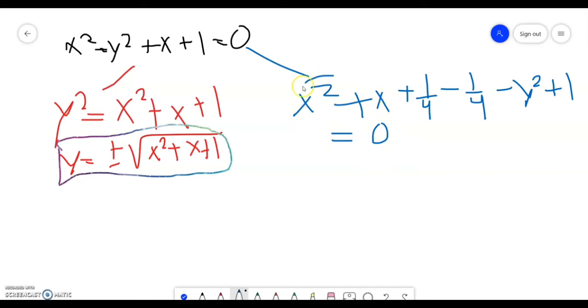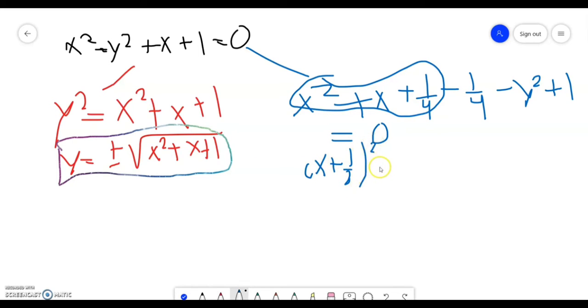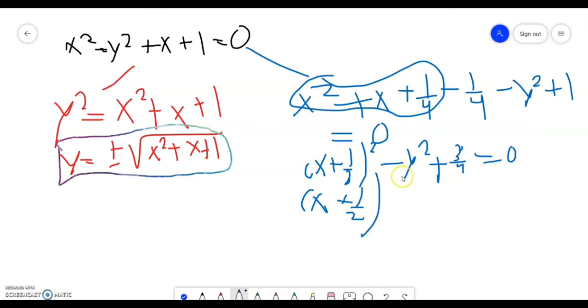So then this would give us the perfect square of x plus half all squared minus y squared plus 3 over 4 equals 0, getting us at the end x plus half all squared minus y squared equal to negative 3 over 4.